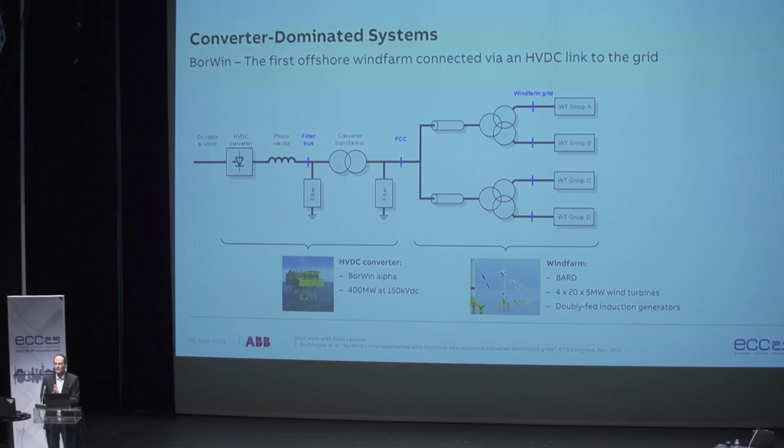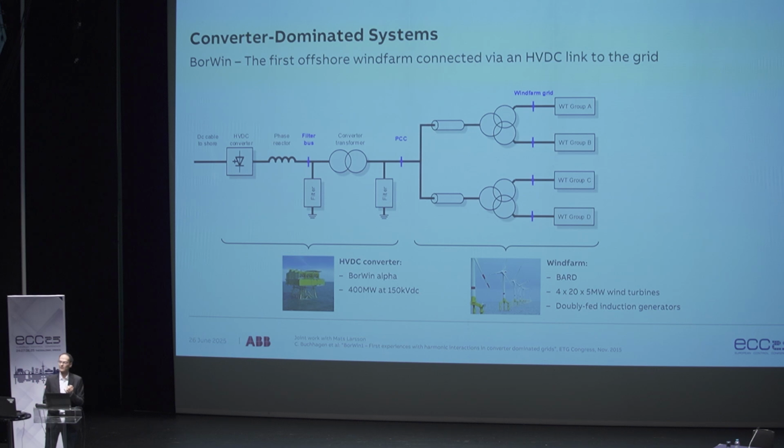They're so-called doubly fed induction generators, each at 5 megawatt. Then you have a collector grid, a transformer. So this would be at 33 kilovolt and then going up to 155 kilovolt. And then here you have the point of common coupling offshore, and then the HVDC link that is translating AC into DC.